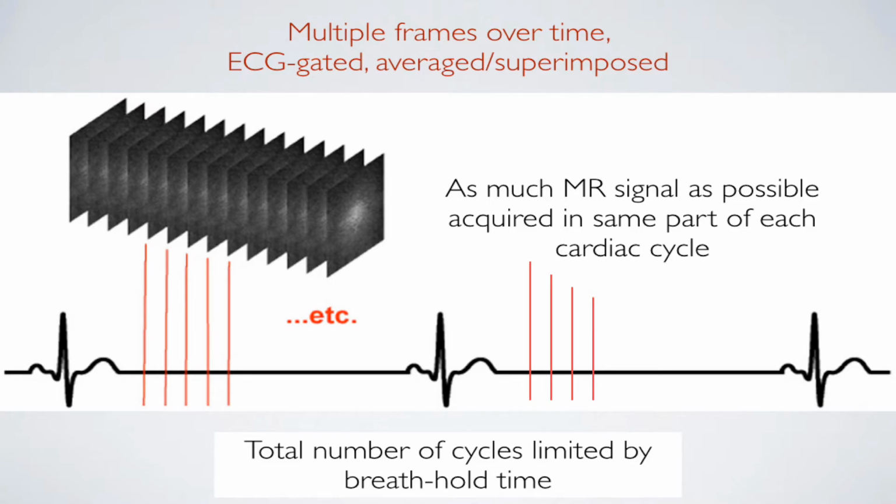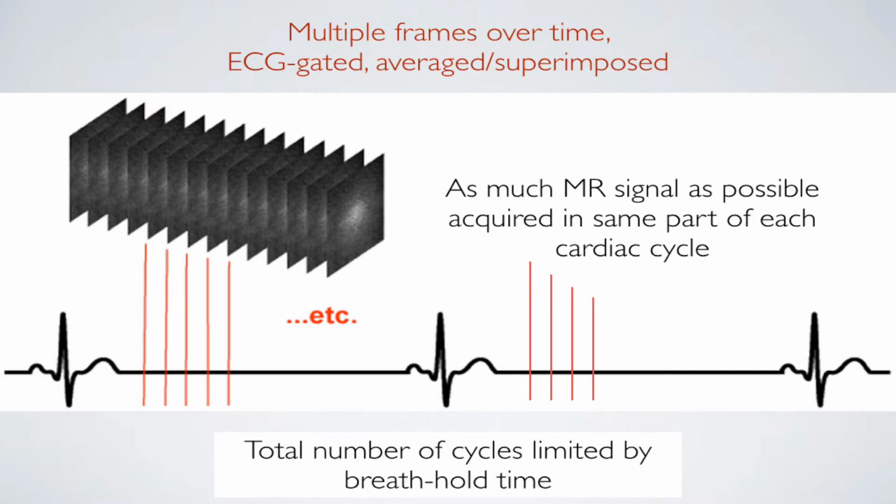So the breath hold tries to take away the breathing movement, and to take away the cardiac cycle movement, we just acquire the signal at the same time in the cardiac cycle, and then average that all together until we get enough signal to make a picture.